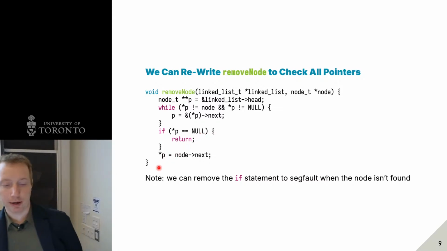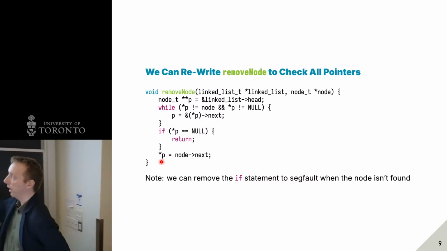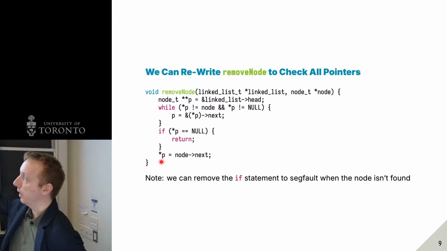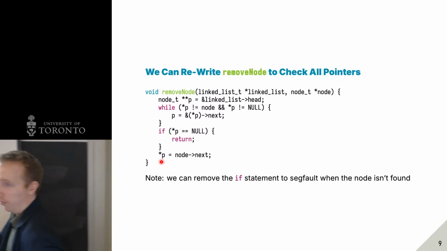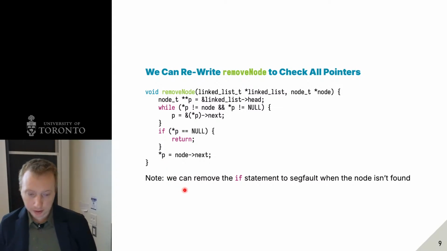And then if I did find it, all I have to do is dereference P, which is the previous node that I need to modify, and make it point to the node's next pointer. So I'm skipping it. You could even make this smaller.